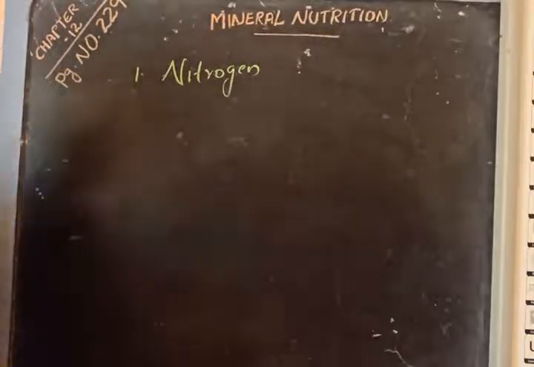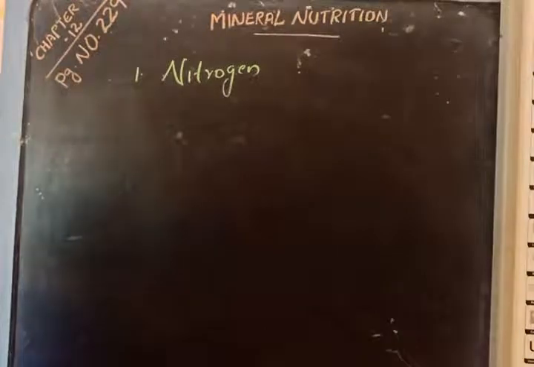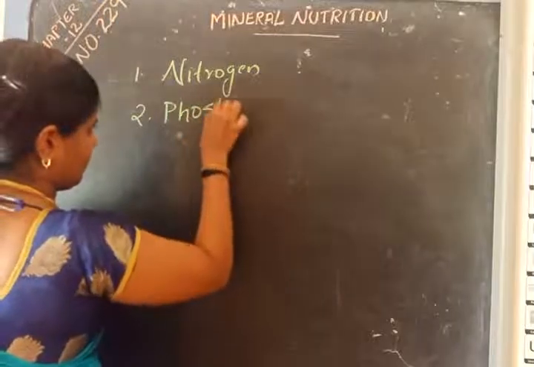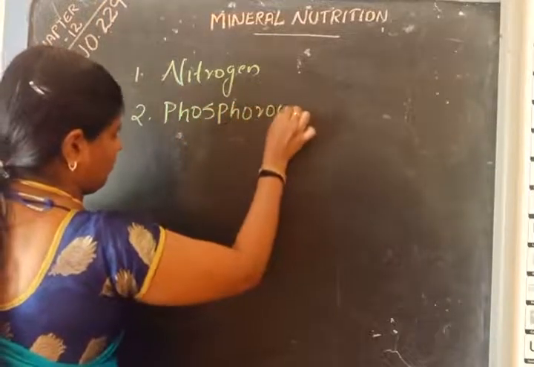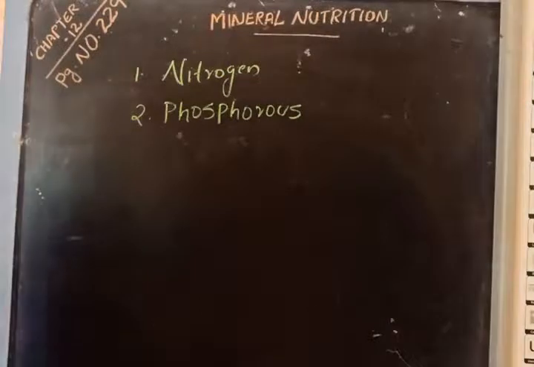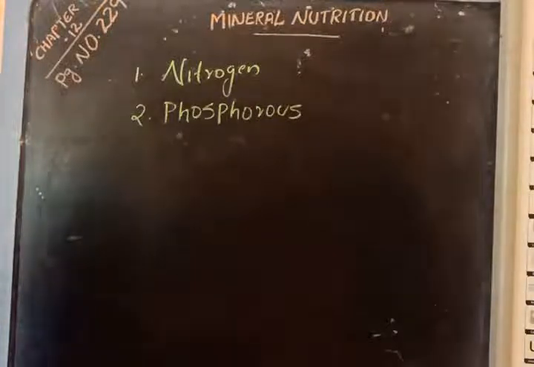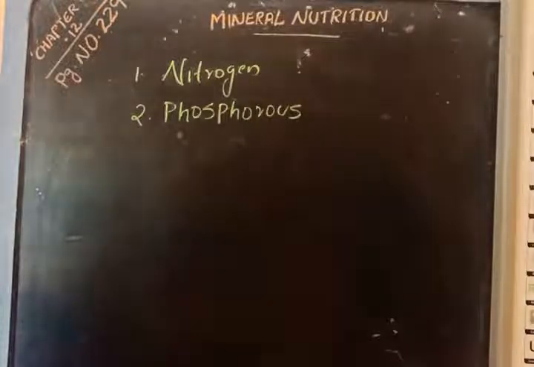Then the second macronutrient is phosphorus. Phosphorus is a constituent of cell membrane, protein, nucleic acid, ATP, NADP, phytin and sugar phosphate.